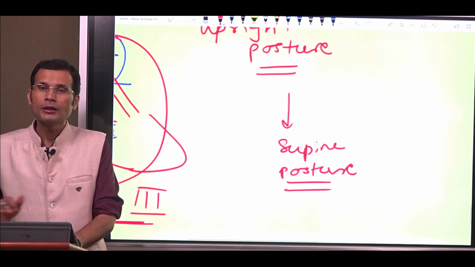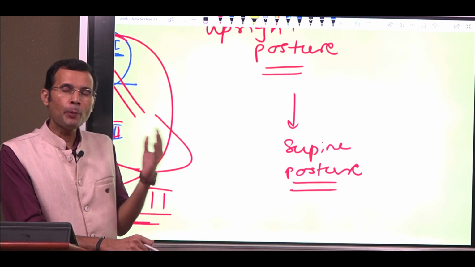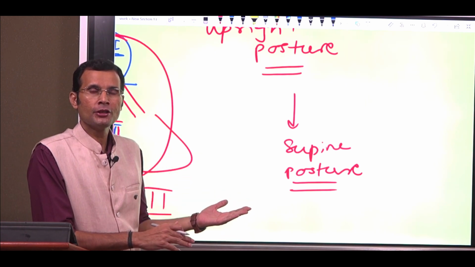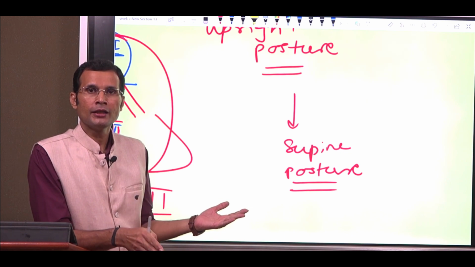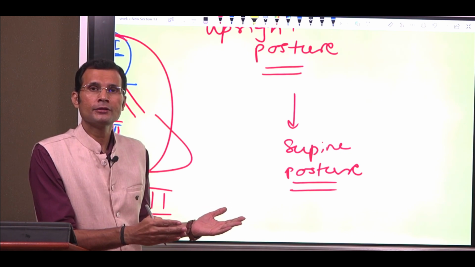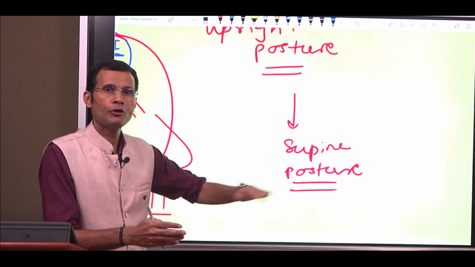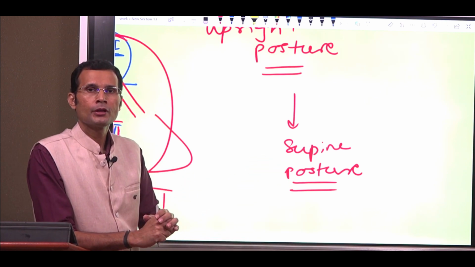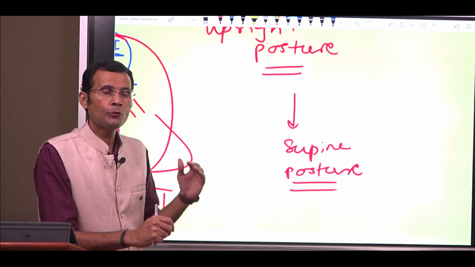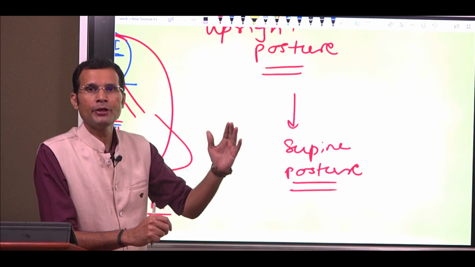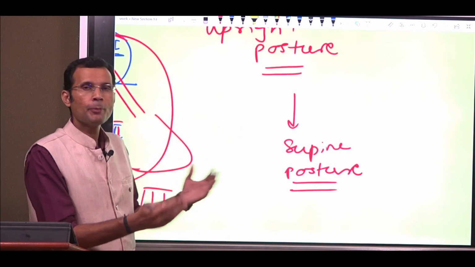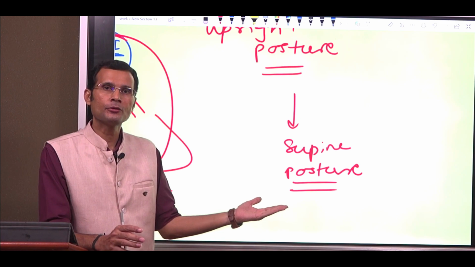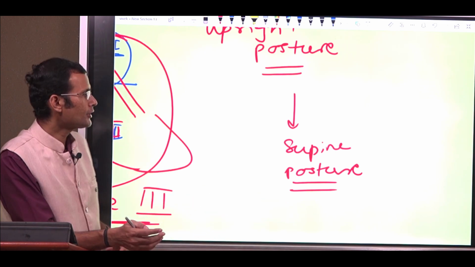And why is that? Because in the supine position, no part of the lung is above the level of the heart. It's either at the level of the heart or below. The heart does not have to pump against gravity to any part of the lung when the person is lying down. Okay, this you have to imagine.